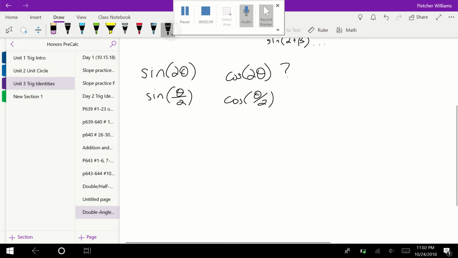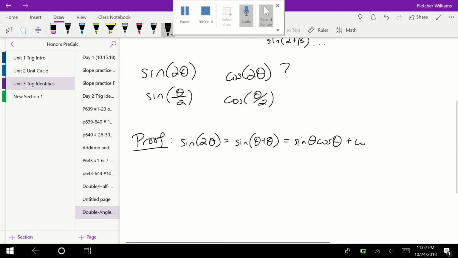So we'll start first with the double angle for sine 2 theta. So we want to figure out an expression for sine of 2 theta. So you might already see the direction to go. You can always write 2 theta as just sine of theta plus theta. And since you know your sine sum identity, you know that is just sine theta cosine theta plus cosine theta sine theta.